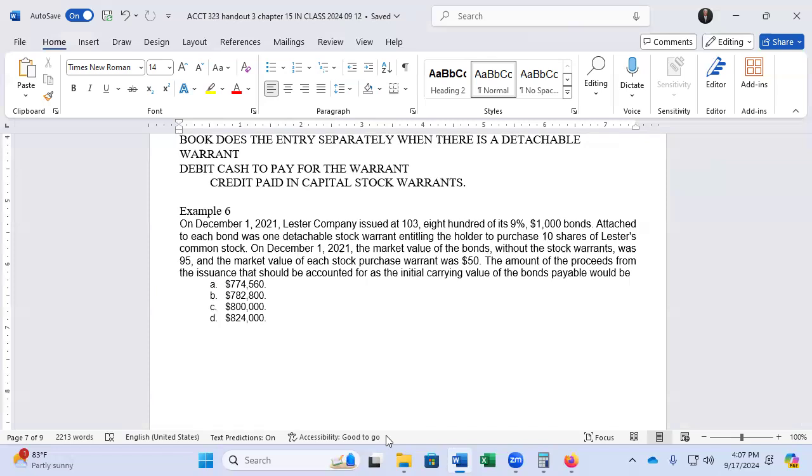Lester issued 800 of its 9%, $1,000 bonds at 103.